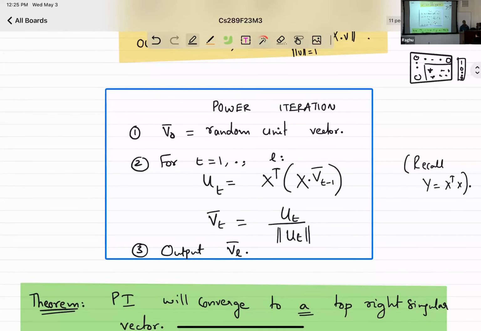As a starting point, pick a vector which is random. Don't start with something like 1 and all zeros, because if you're unlucky and that thing is actually in the kernel, then you would be in trouble. But if I'm random, then I can avoid such a thing. Right. So that's the fix.